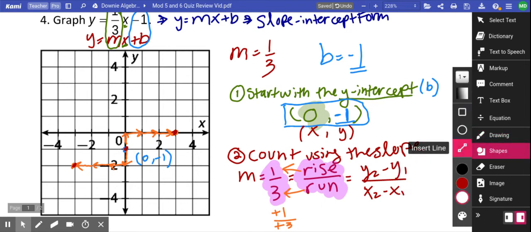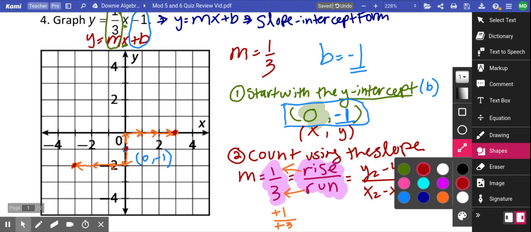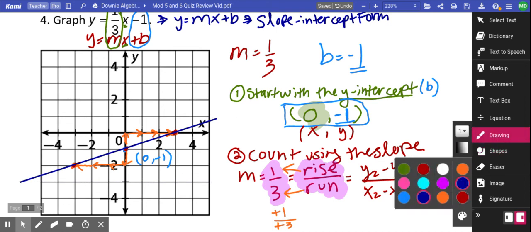We are almost there. All we're going to do is connect my 3 points with a straight line. Don't forget your arrows at the ends of your graph.